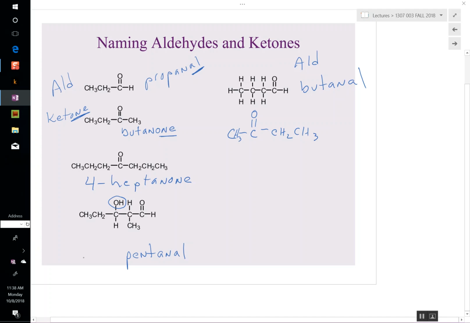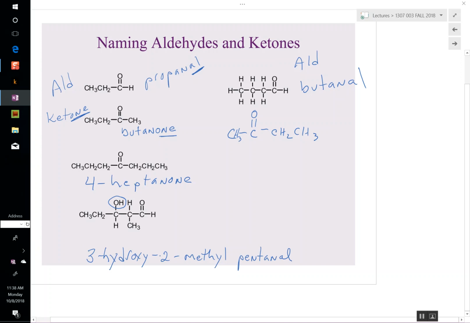It's going to be 2-methyl. I should have planned ahead here. So it's going to be 2-methyl pentanal. And we got a hydroxy group here. So 3-hydroxy-2-methyl pentanal.